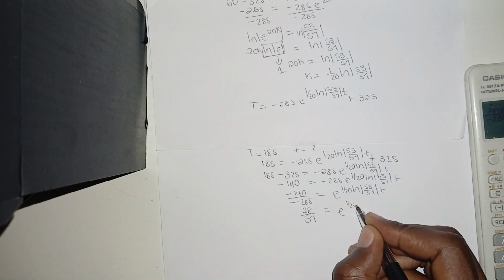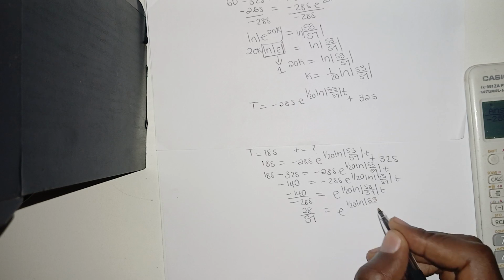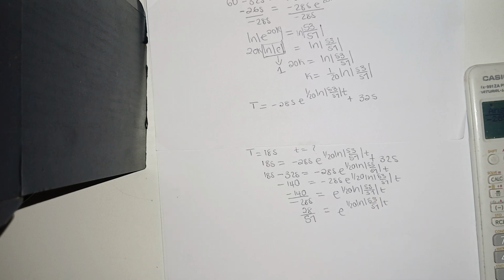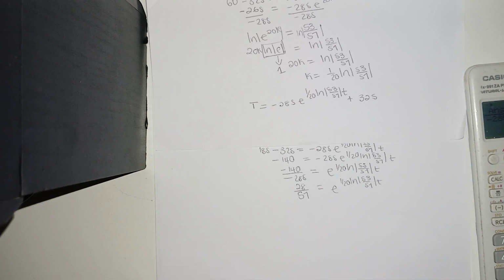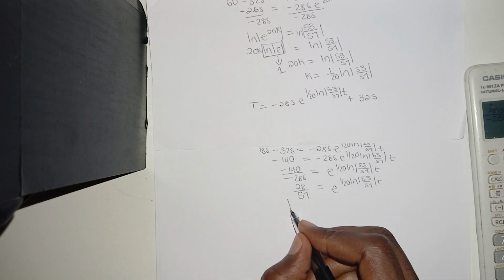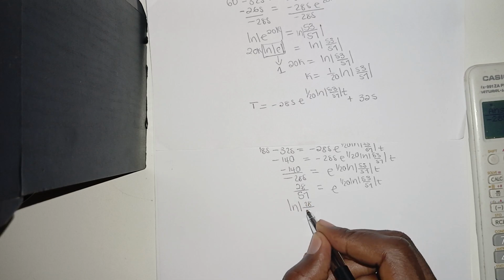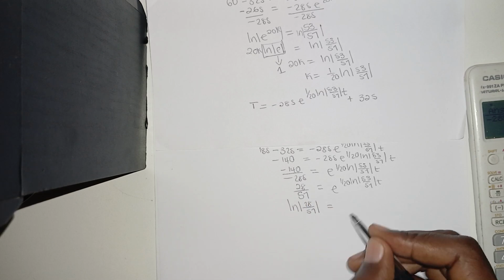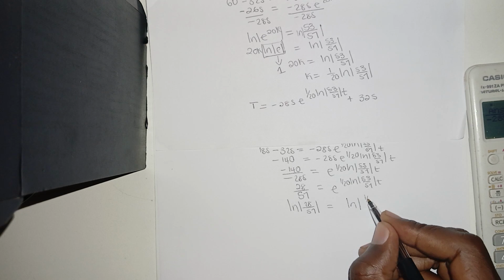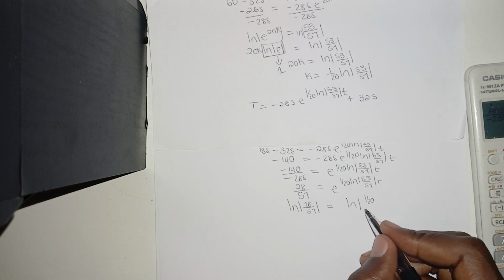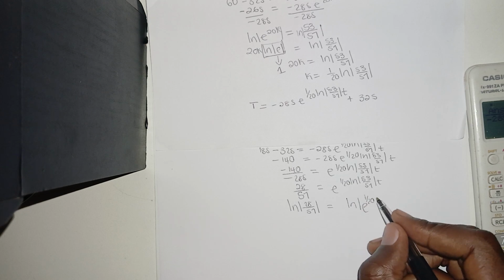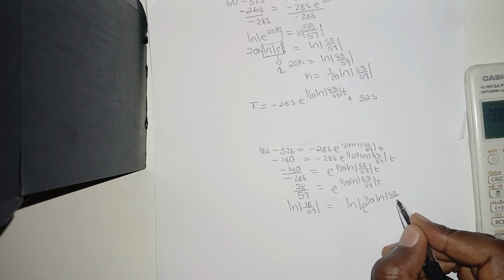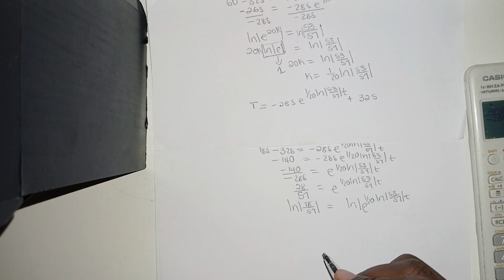is equal to e to the power 1 over 20 ln of 53 over 57 t. So automatically we need to use the natural log. There is nothing we can do; this is the only strategy we have to solve for t. So ln of 28 over 57 is equal to ln of e to the power 1 over 20 ln of 53 over 57 t.